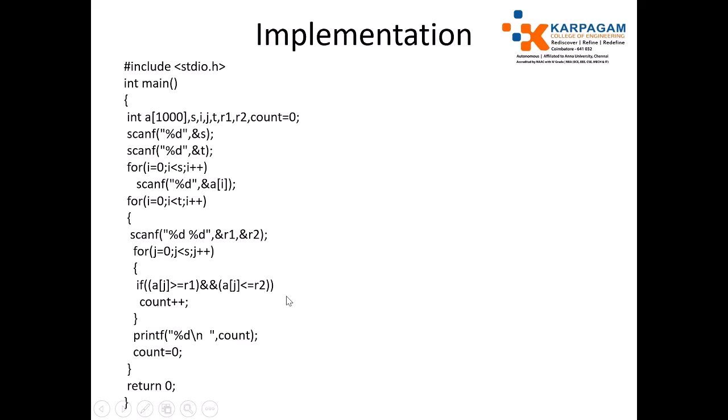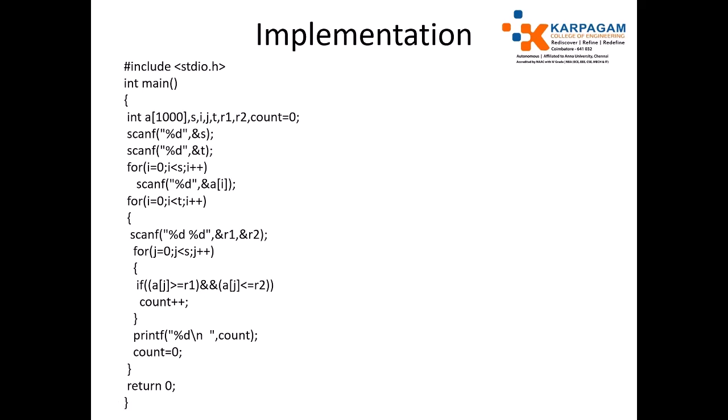That gives the number of rock sample values in ppm which are available between the r1 and r2 values. If it is satisfied, the count will be incremented by 1. Okay, it's very easy. Then immediately print the count.